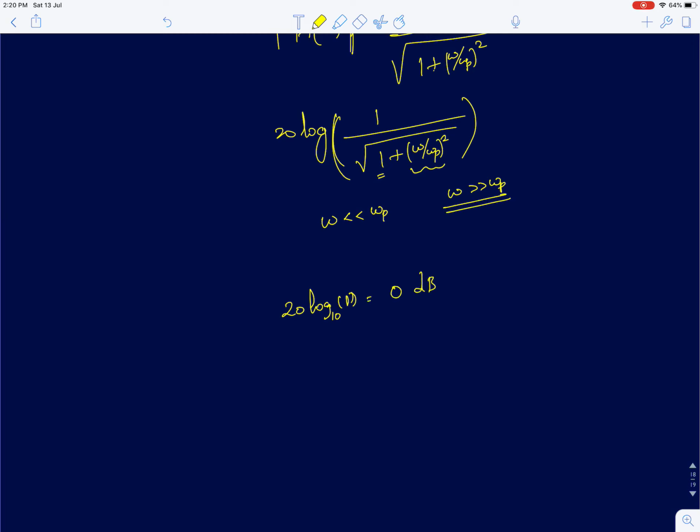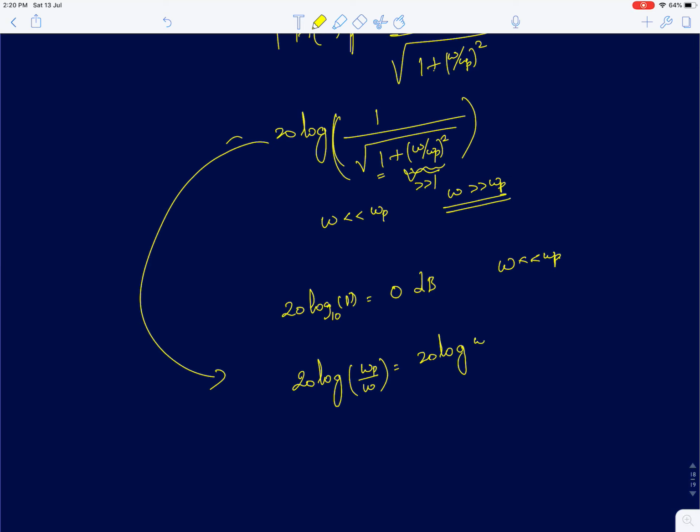Now for omega much greater than omega p, this term is much greater than 1, so I can ignore 1 and write it as omega p by omega, which reduces to 20 log of omega p minus 20 log of omega.